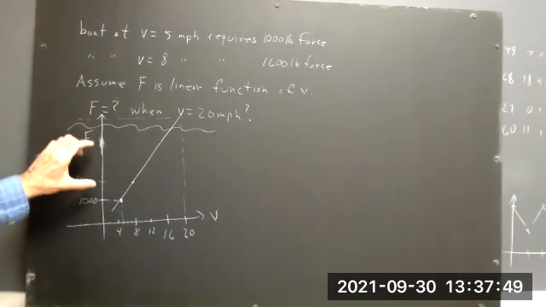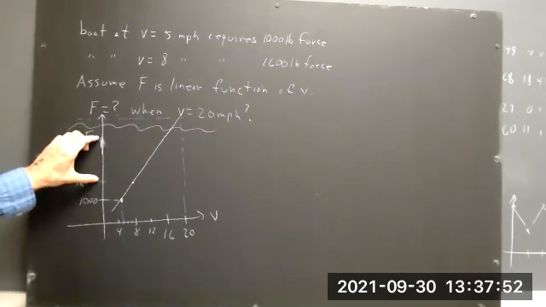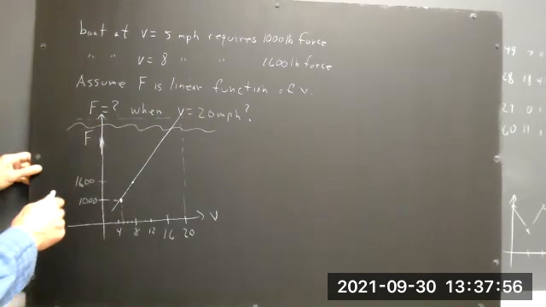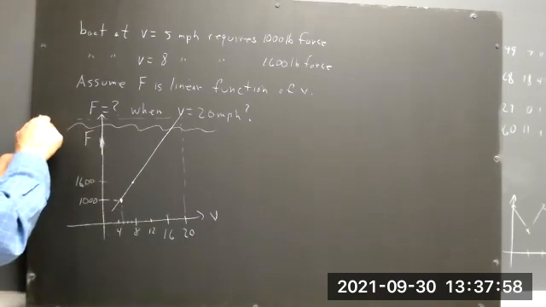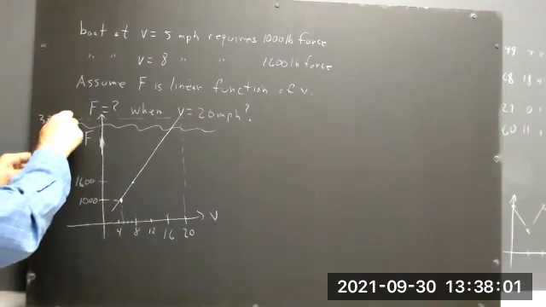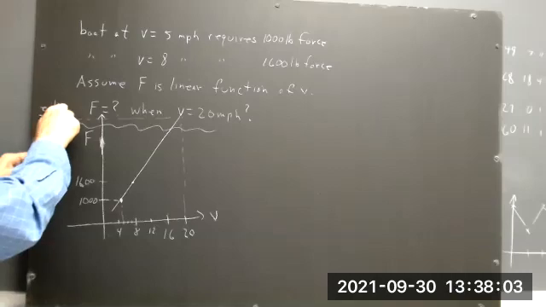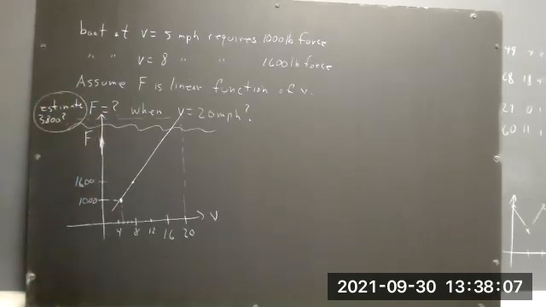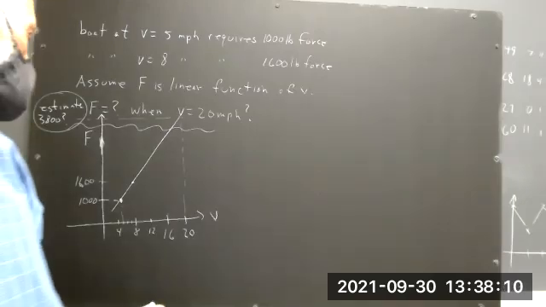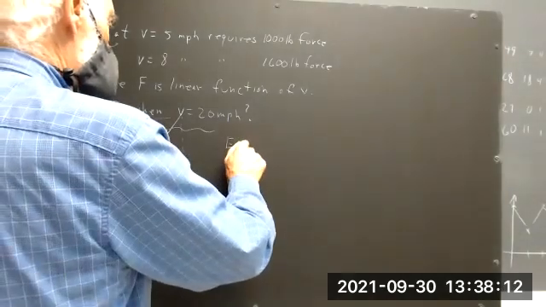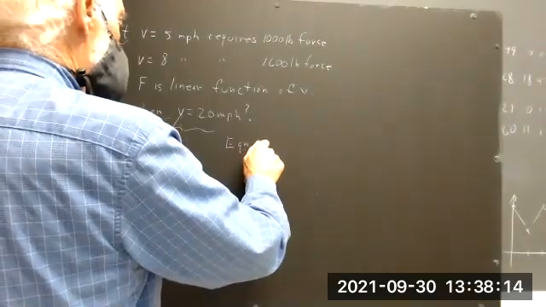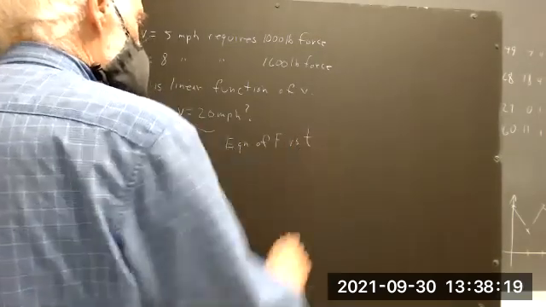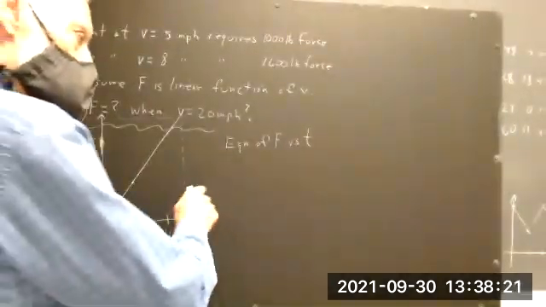Looking like 1,600, 3,200, 600 or so more. I'm estimating 3,800. I'm not going to do it exactly. Okay, so the equation of F versus V, it's a straight line.